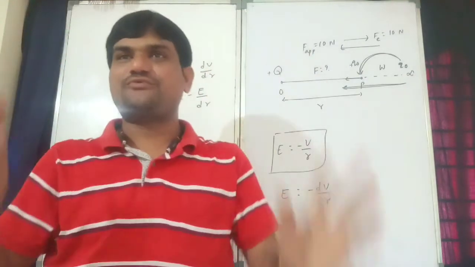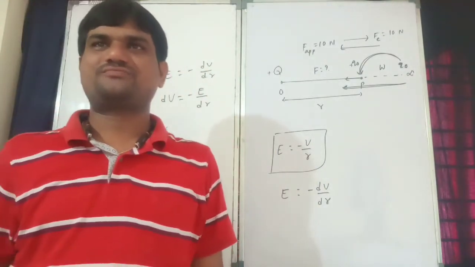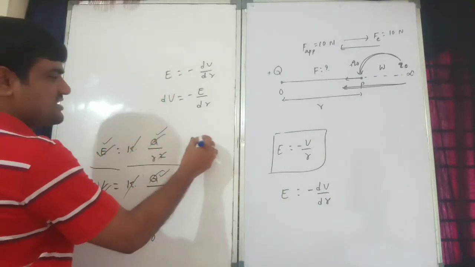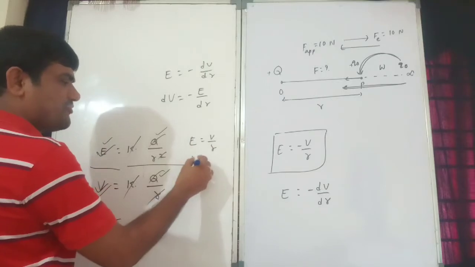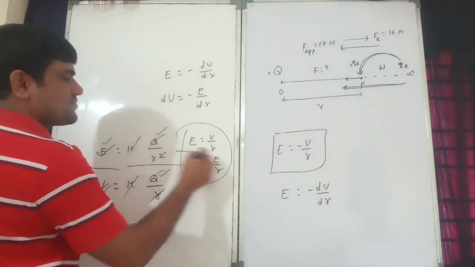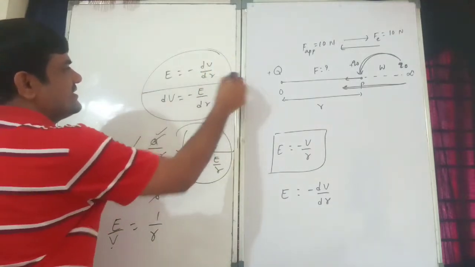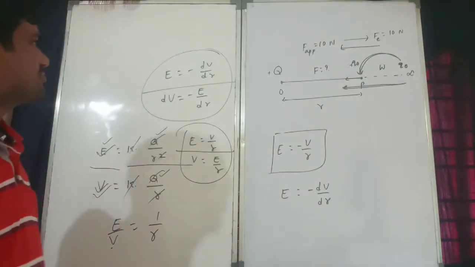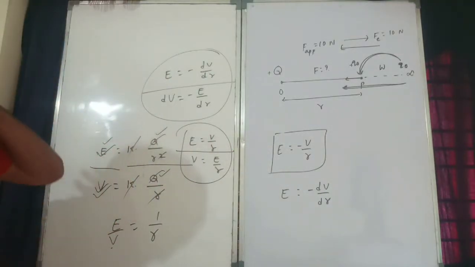Like that they will get confused while doing problems. So, simple form. Sir, E is equal to V by R, V is equal to E by R. Which is correct, sir? While doing, both are the same.